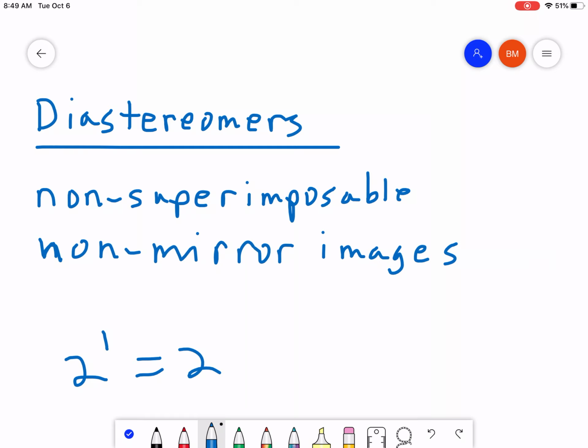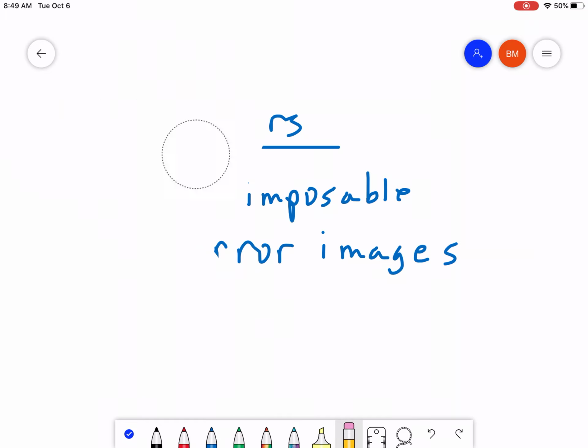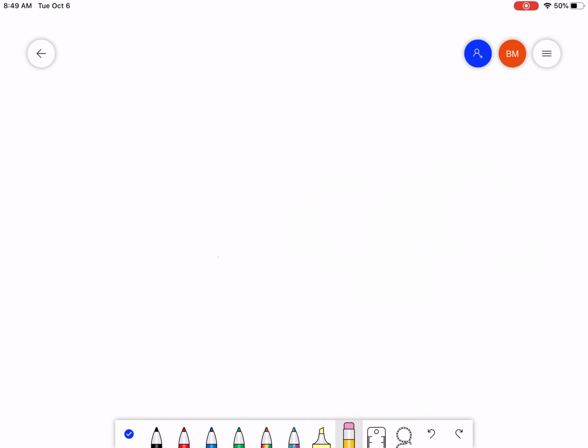Well, now that we get to diastereomers, and you have more than 2 possible stereoisomers, you're going to see some that are not mirror images of each other, but they're still not going to be superimposable. All right, let me show you a couple of examples of these. All right, let's say we had this.